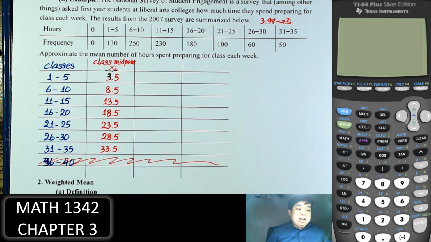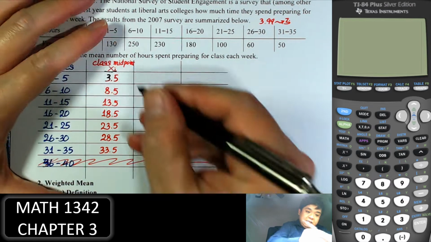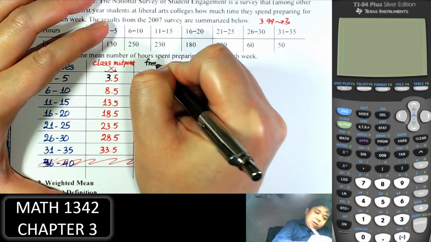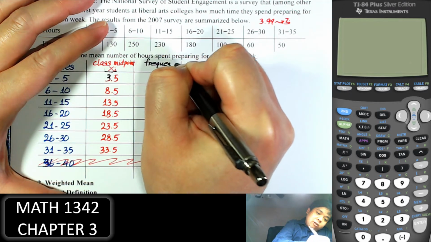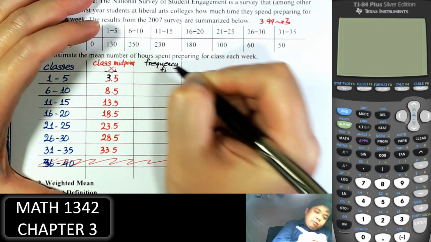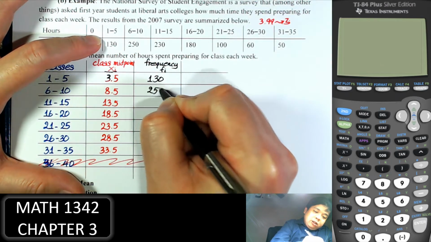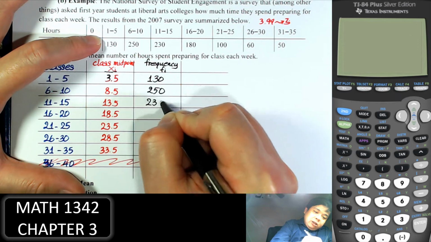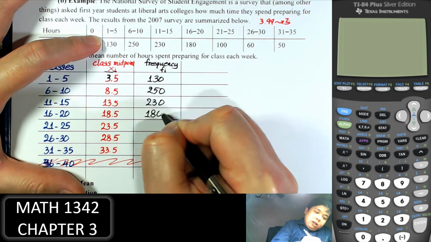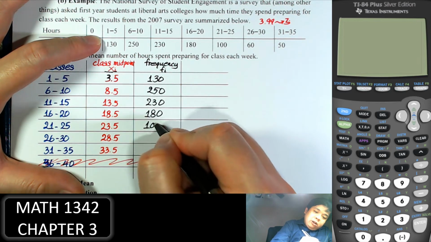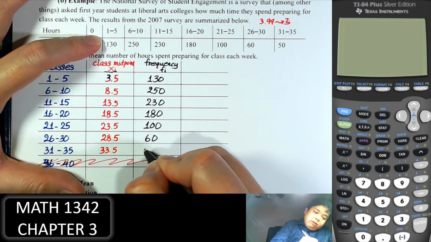Next, the frequency. How many times do we have for each one? That's 130, 250, 230, 180, 100, 60, and 50.